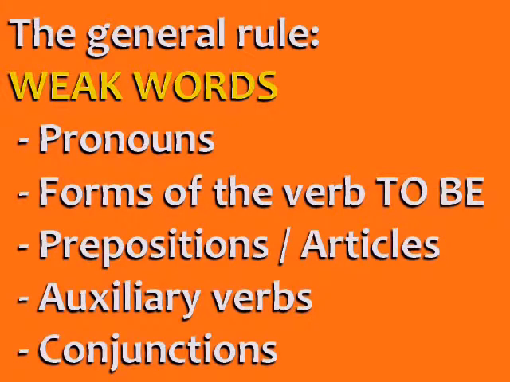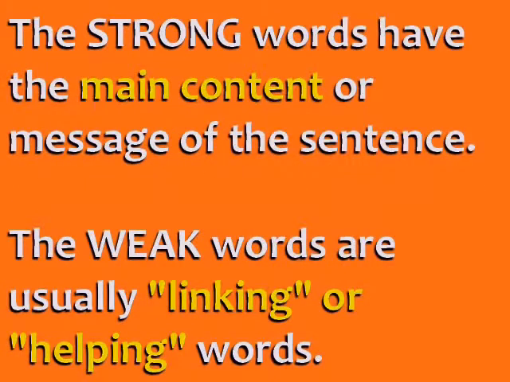Weak words include pronouns, forms of the verb to be, prepositions, articles, auxiliary verbs, and conjunctions. One way to think of it is that the strong words have the main content or message of the sentence, and the weak words are usually linking or helping words.